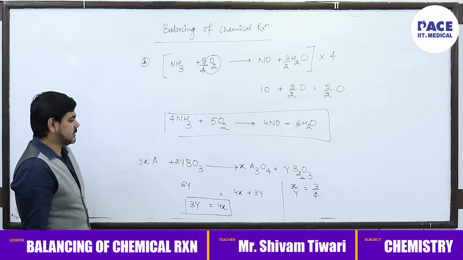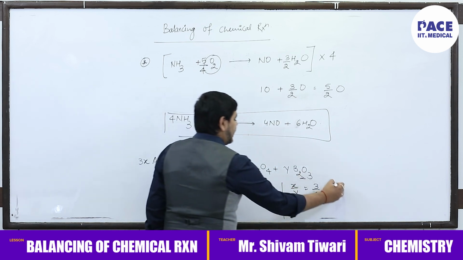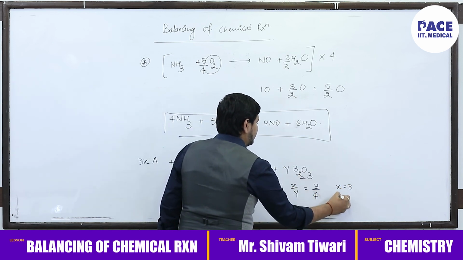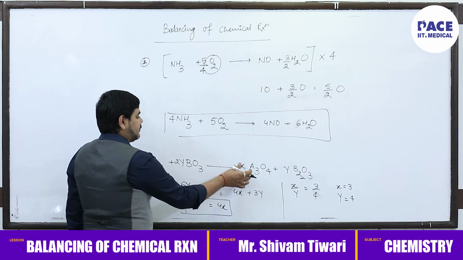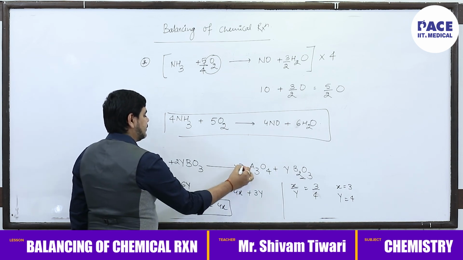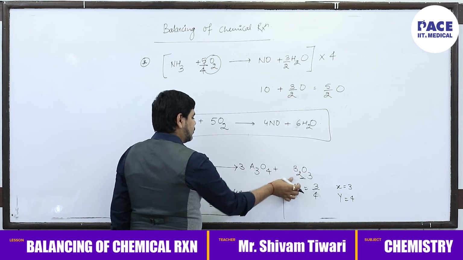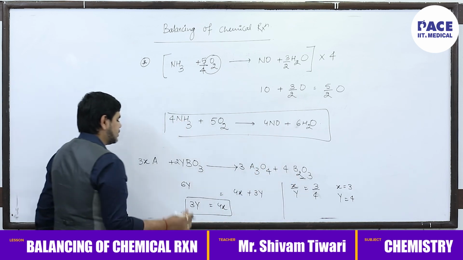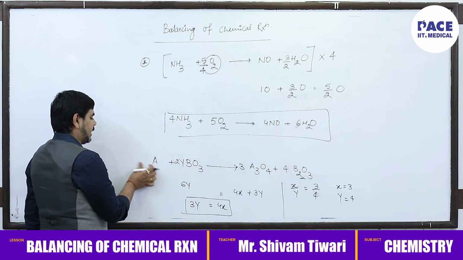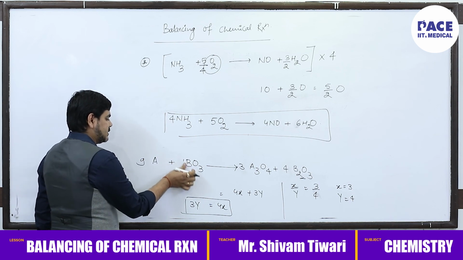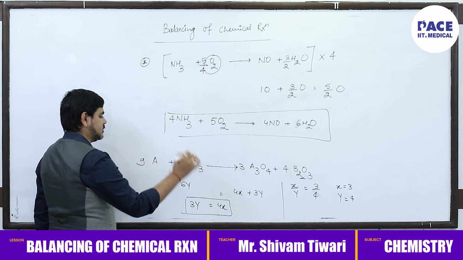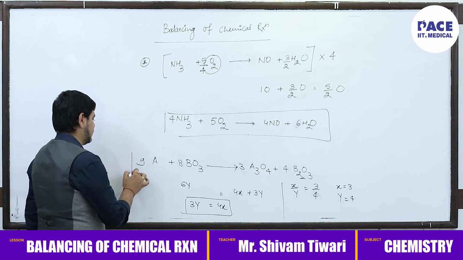In a simple way we can say x is going to be 3 and y is going to be 4. If we replace x with 3 and y with 4, the reaction is going to be 3 into 3, 9, and 2 into 4, that is 8. Now you can see the reaction is balanced.